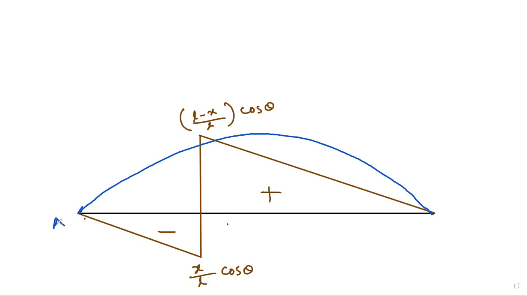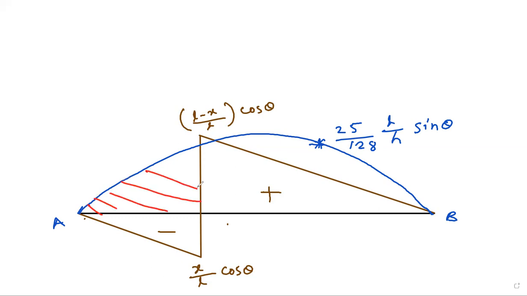Okay, this is your A, B. Somewhere it is 25 by 128 Hg sin theta, L by H sin theta now. This is positive.